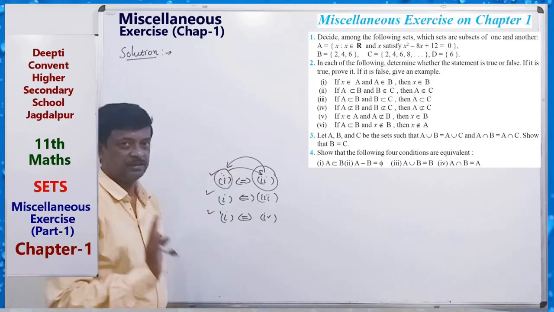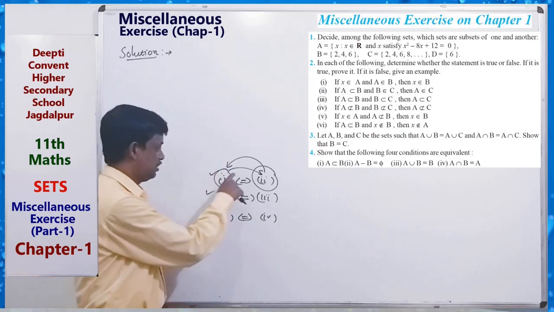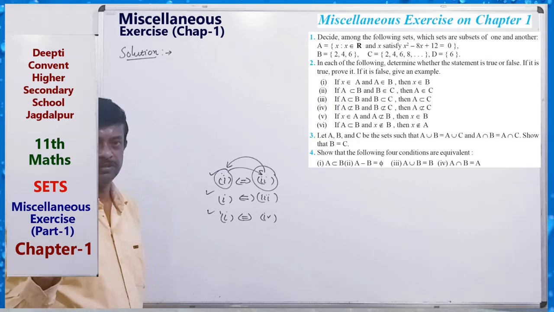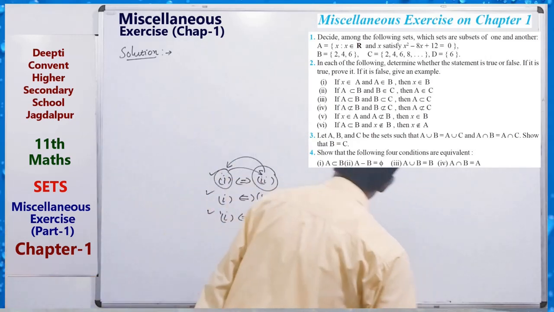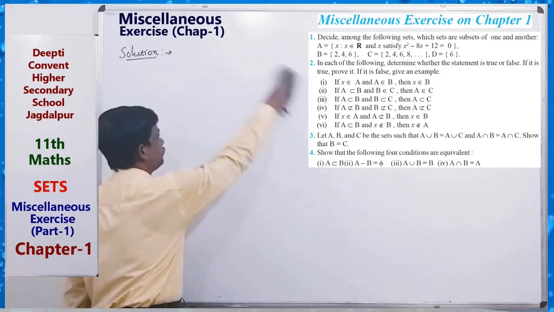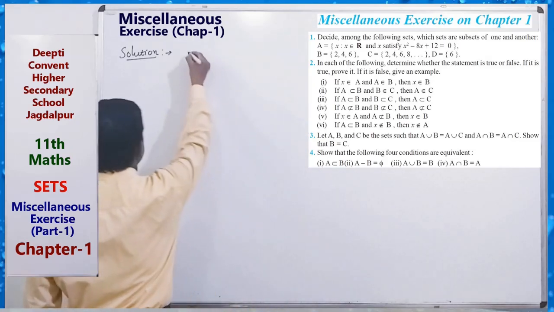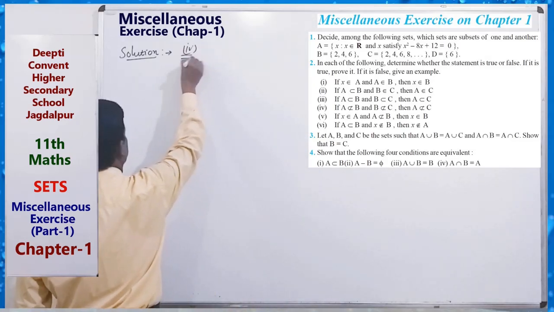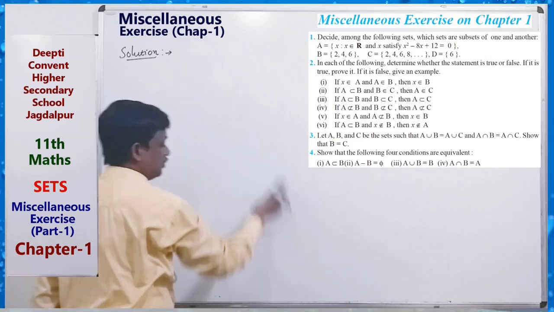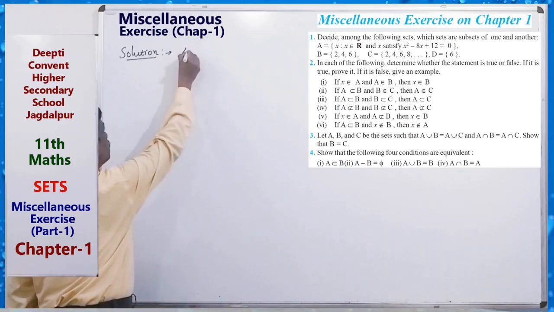So here, I only prove first is equivalent to second, and the remaining 2 are for you. Okay? So here, question 4.